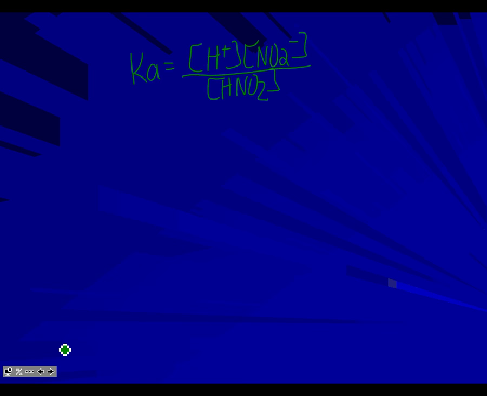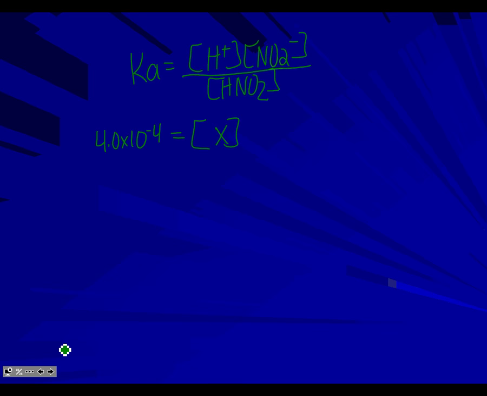Let's start off by writing our equilibrium expression. Ka equals the hydrogen, our nitrite, all over our HNO2. Our Ka value for this was 4.0 times 10 to the negative fourth.